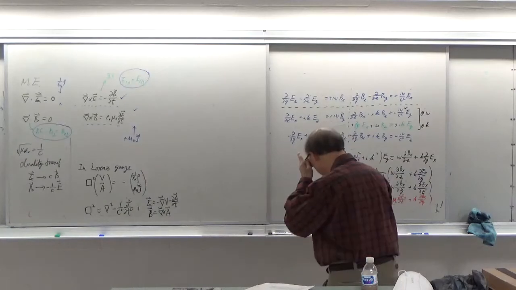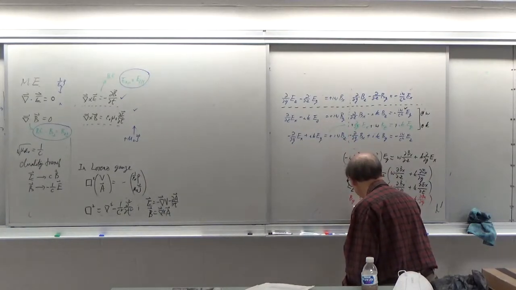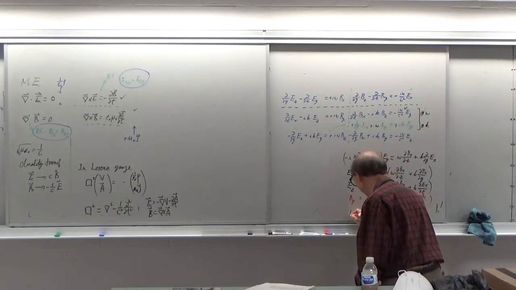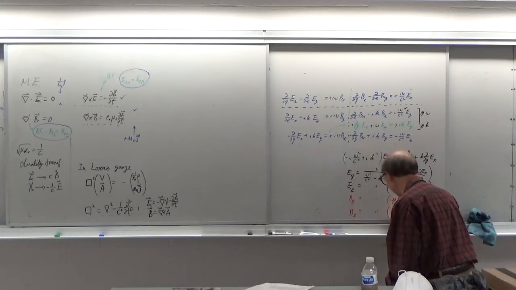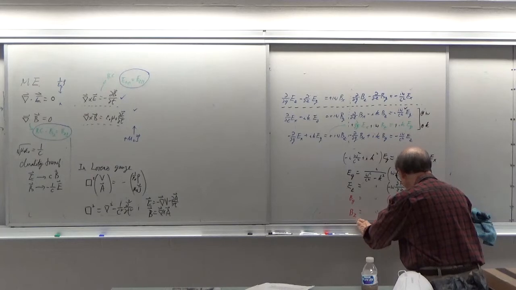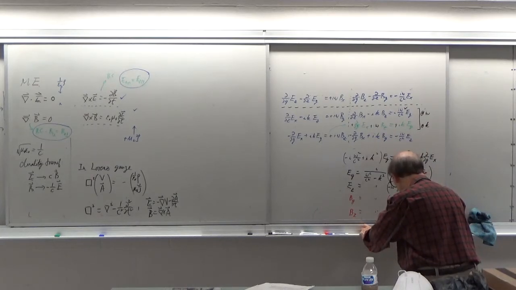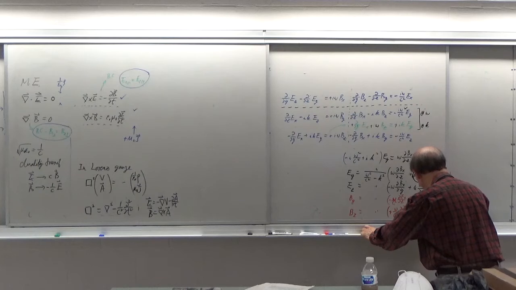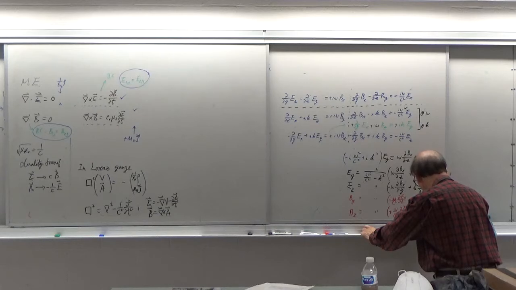Finally, the equation for the z component of B. A lot of algebra, but you have to do the algebra correctly. Same factor, okay? y goes to z, z goes into minus y, so it's plus omega over c squared del Ex by del y goes into z, plus k del Bx by del z.